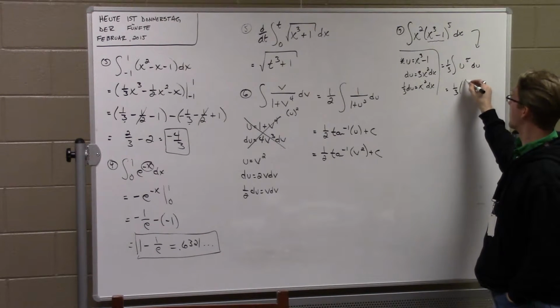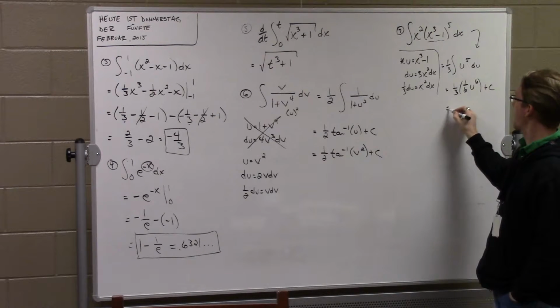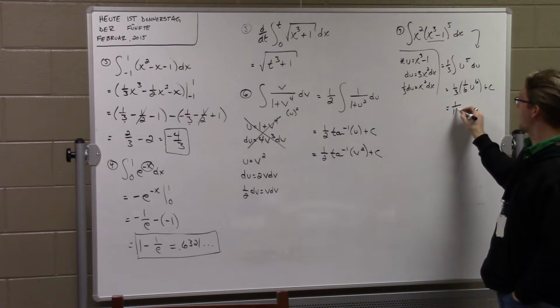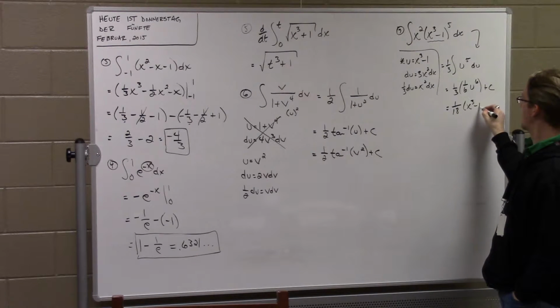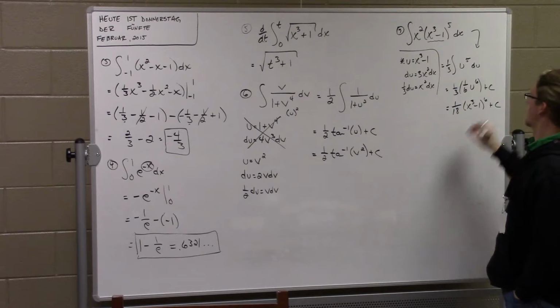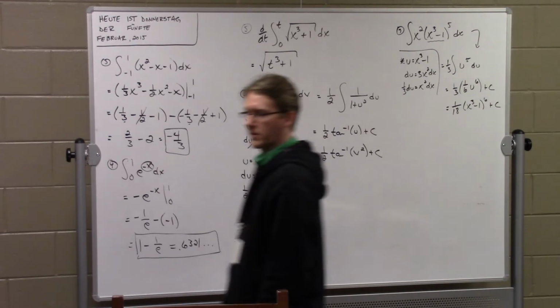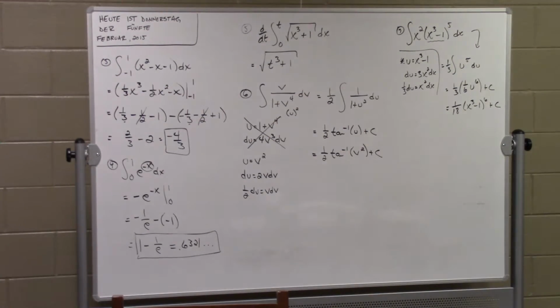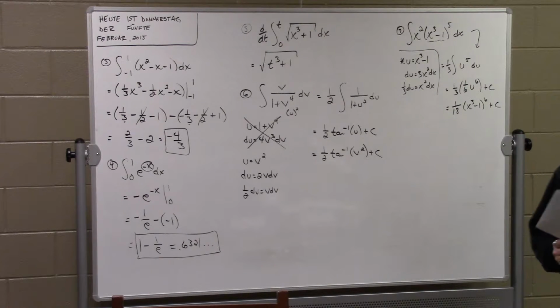Oh yeah, is 1/6 u to the 6th plus c. 1/3 and 1/6 make 1/18, and u was x cubed minus 1, so 1/18 times x cubed minus 1 to the 6th plus c. All right, pretty straightforward. What did you get? Mess of crap. Same thing. Mess of crap.